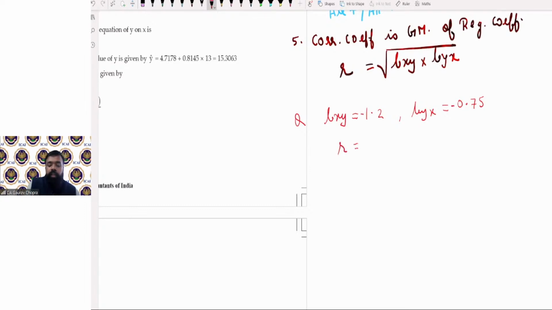Now find out the value of r, that is correlation coefficient you have to calculate. So what will be your result? Let me know. As per the formula which we have written above, find out the value of correlation coefficient.